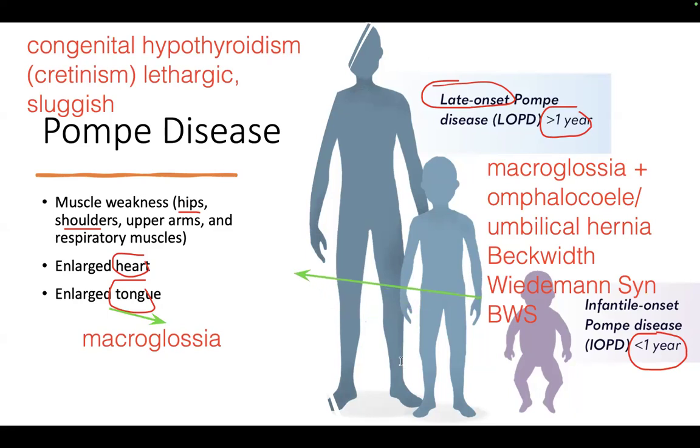These two cancers are, number one, Wilms tumor, which is also known as nephroblastoma. It's the most common kidney tumor in pediatrics. Then you have hepatoblastoma, which is the most common liver cancer in children. So that is Beckwith-Wiedemann.